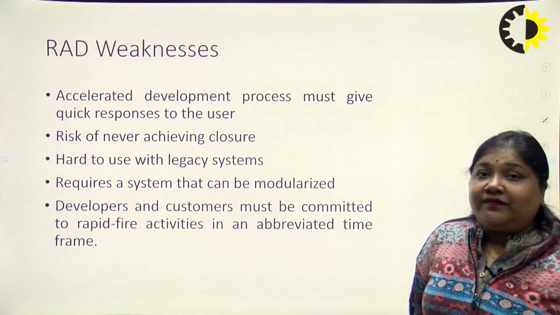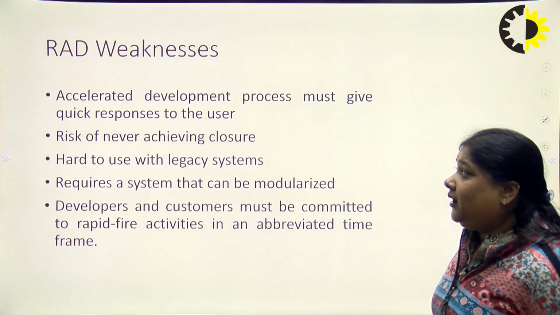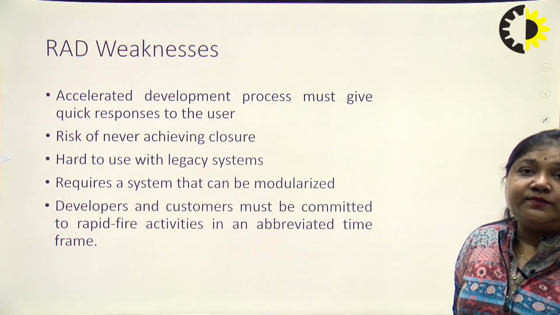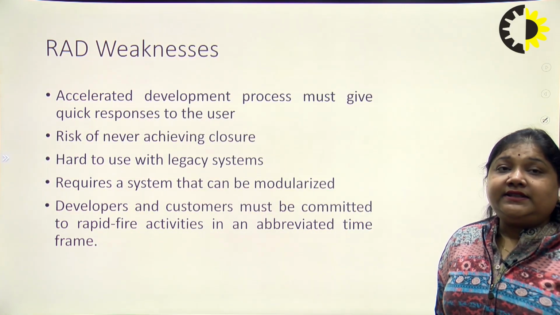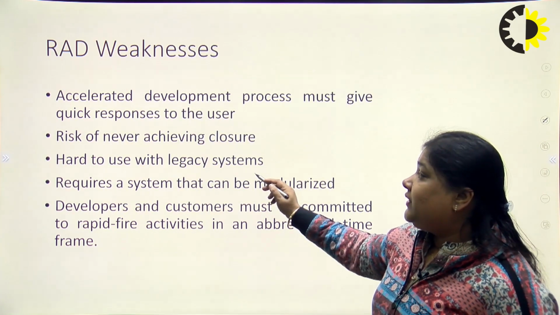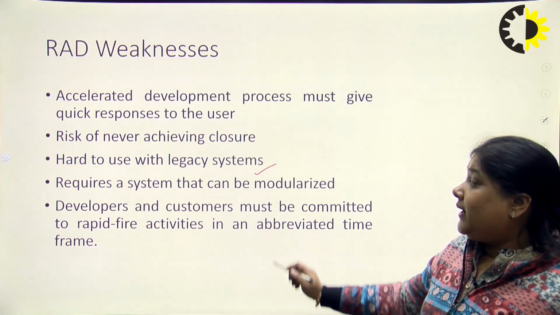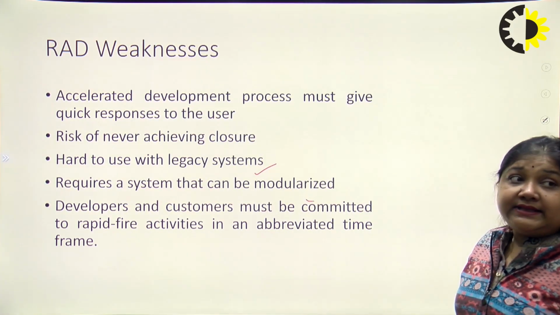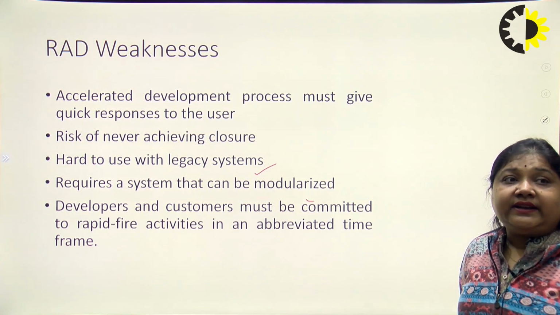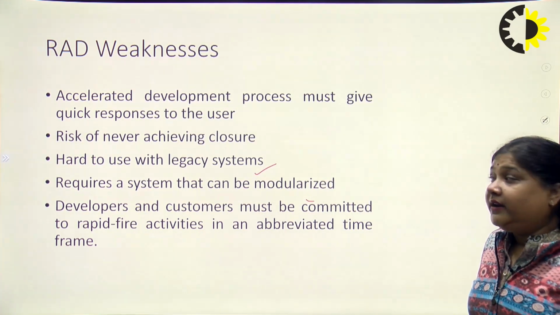Some weaknesses of this type of model: its accelerated development process must give quick responses to the user, there is a risk of never achieving closure, and it is hard to use with legacy systems. It requires a system that can be modularized. Developers and customers must be committed to rapid-fire activities in an abbreviated time frame.